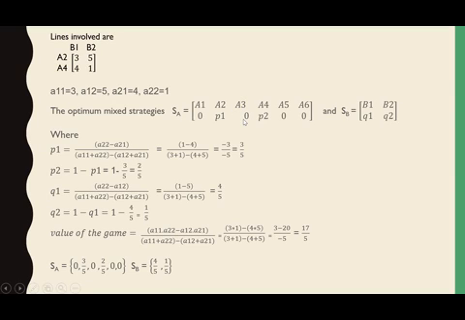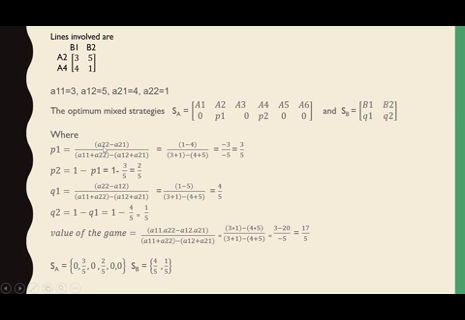A3 is not picked, probability 0. A4 is picked, so probability P2. A5 is not picked, probability 0. A6 is not picked, probability 0. And in SB, you don't have a choice. Both B1 and B2 have to be considered. So B1 will have probability Q1, B2 will have probability Q2.